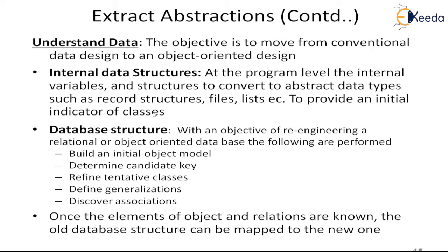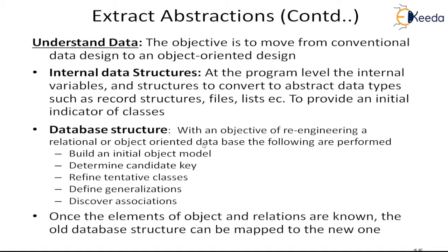Because finally, when you want to do the forward engineering after the reverse engineering, you will need to convert it into object-oriented methods. So from the existing data structure, we will try to get the indication about the classes. Similarly, for the database structures, the objective of re-engineering is to move to a relational or object-oriented database.